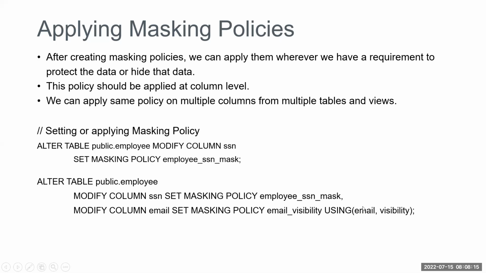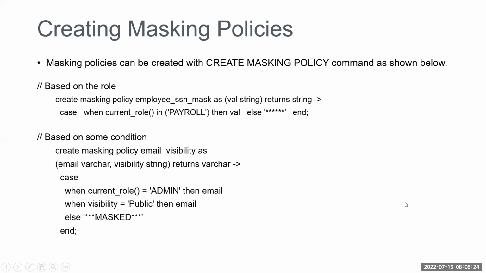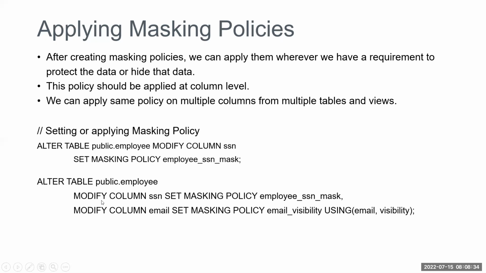So this is the policy you want to apply. This is the first argument, and this is what you are checking the condition on, right? Visibility. If my visibility is public, that means you are checking a condition. That means this visibility should be passed to the masking policy that we are applying. So I am mentioning it like this: email visibility using email comma visibility.